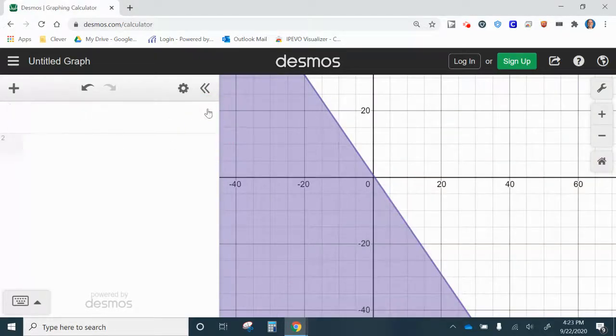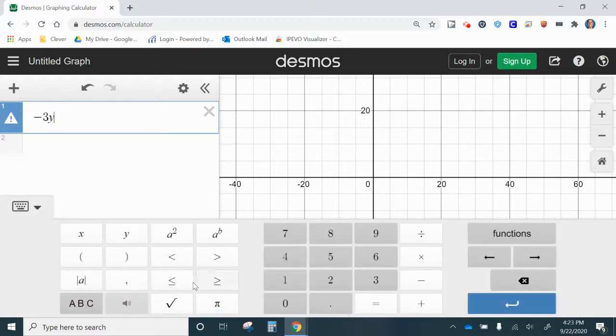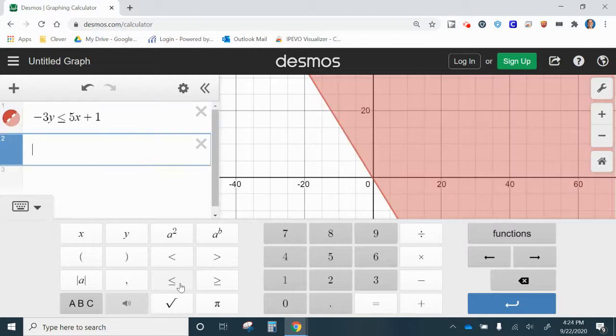So negative 3y less than or equal to 5x plus 1, and then negative 1x minus 3y minus 2 greater than 0.